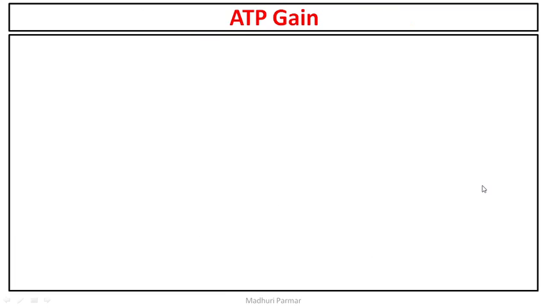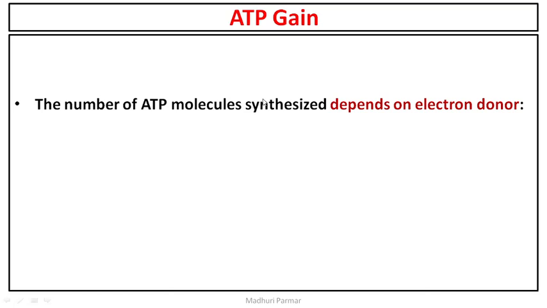Clear? You will understand this better when we discuss the ATP gains. Clear? Now the number of ATP molecules synthesized depends on the electron donor, who is donating these electrons. It depends on that how many ATP are generated.